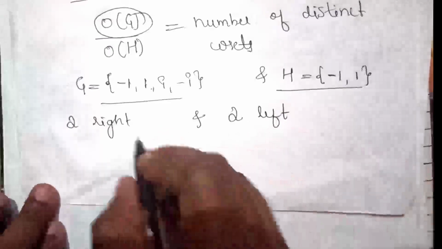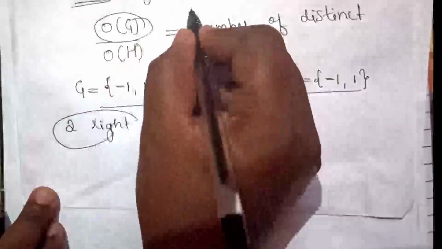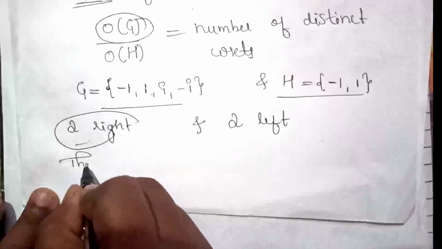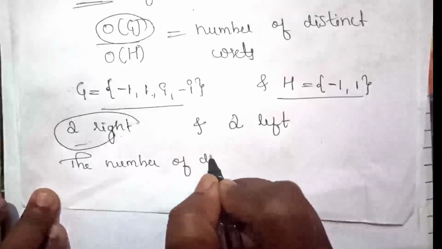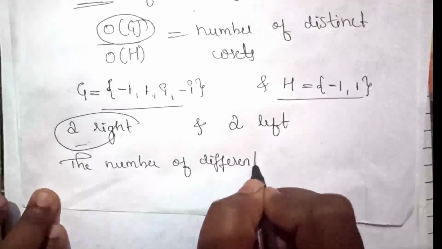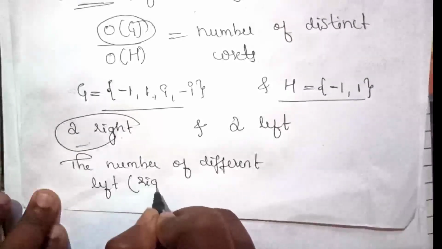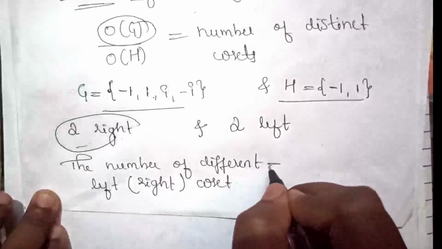This can be obtained by using the index of the subgroup. That means the number of different or distinct cosets, whether left coset or right coset, is obtained as follows.